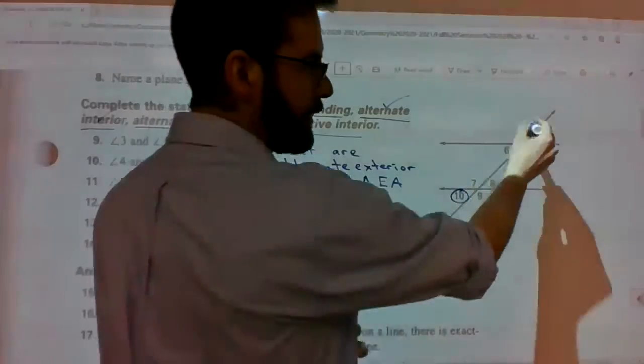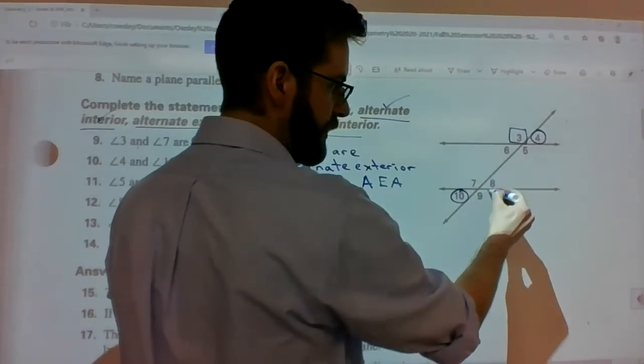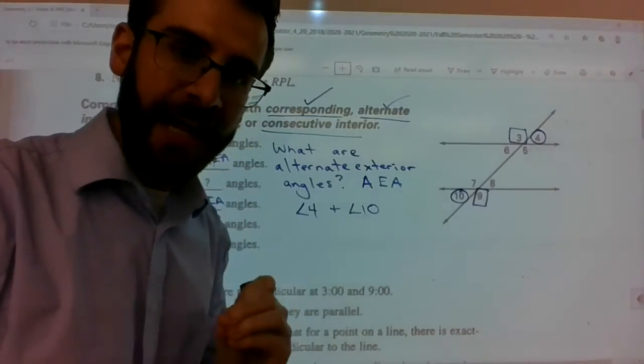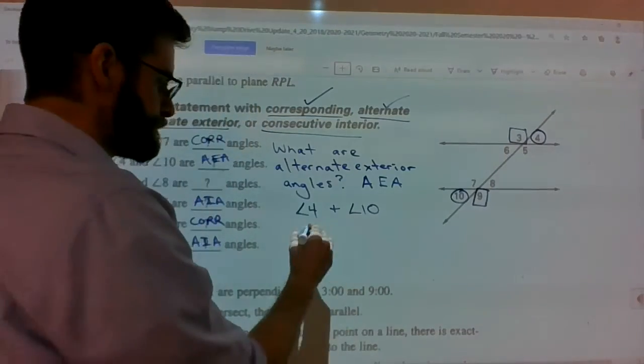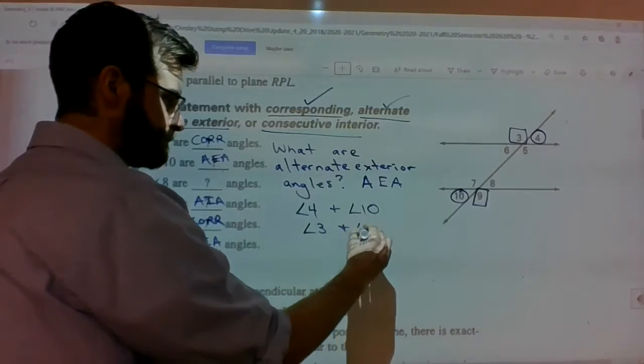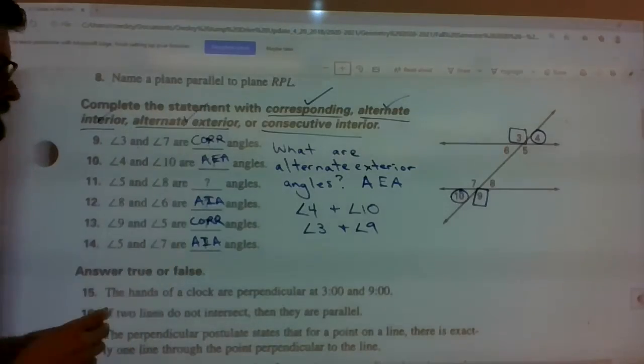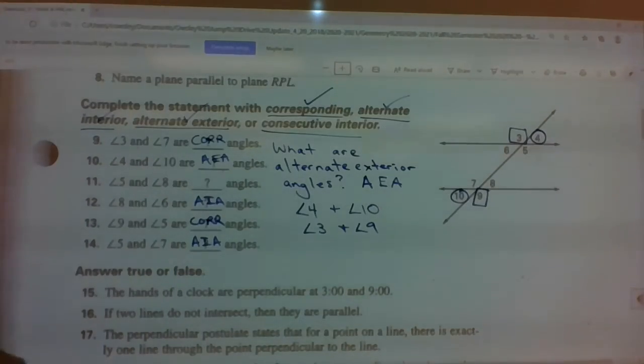So then your other pair would be 3, corresponds with 9. Or not corresponds, sorry. Is an alternate exterior angle to 9. All right.